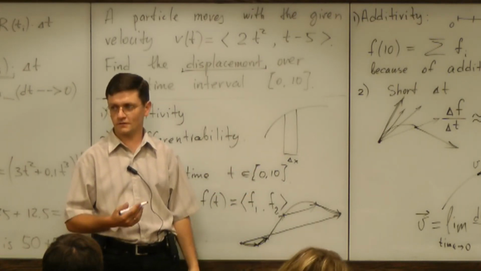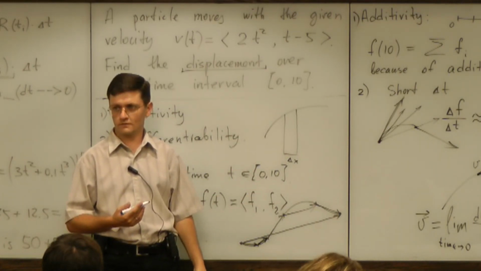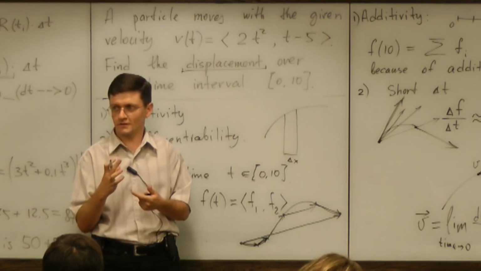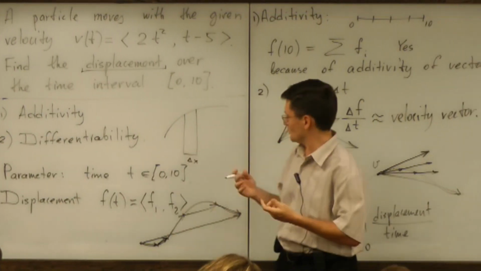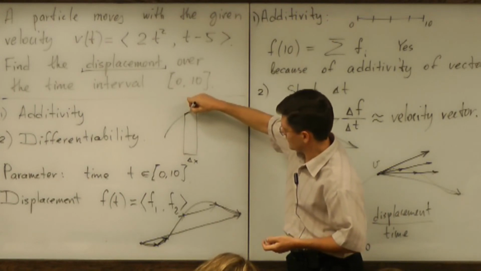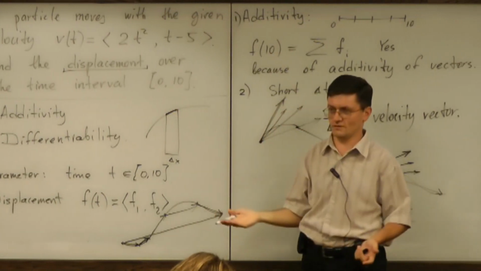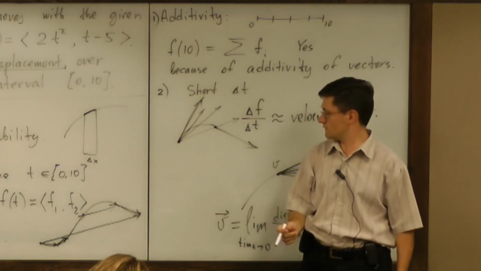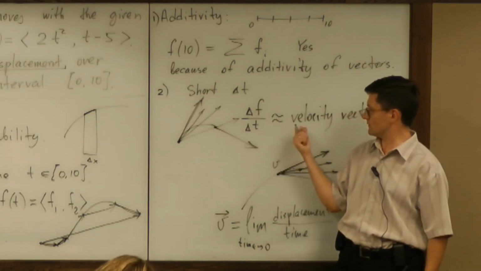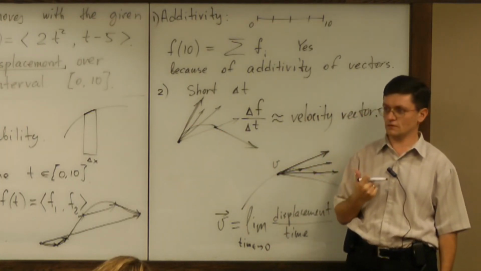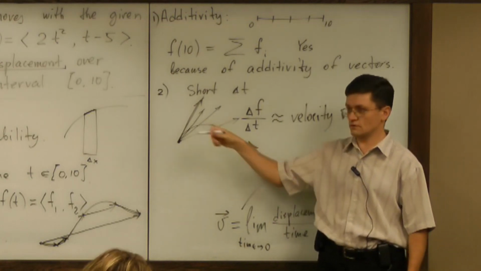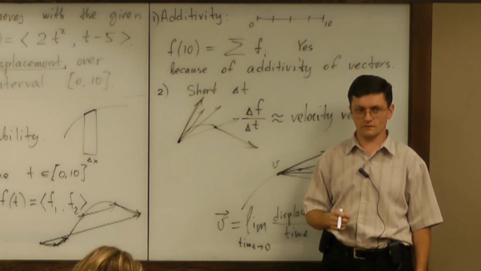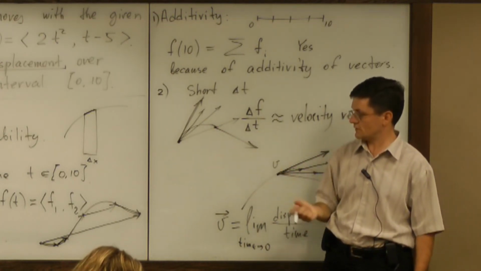What is the height? Oh, it's approximately some number, right? But what do we mean by approximately some number? Because it changes. What do I mean by approximately velocity vector? It changes. What should we say here?